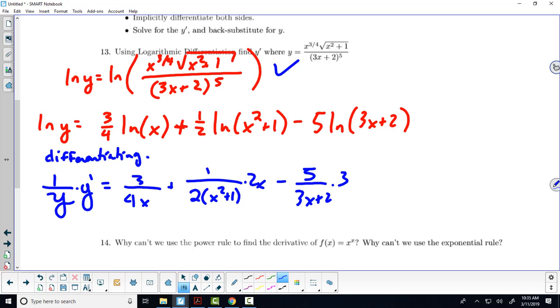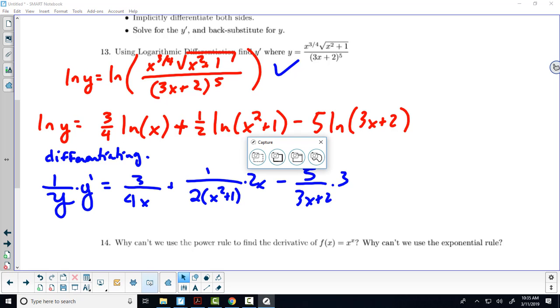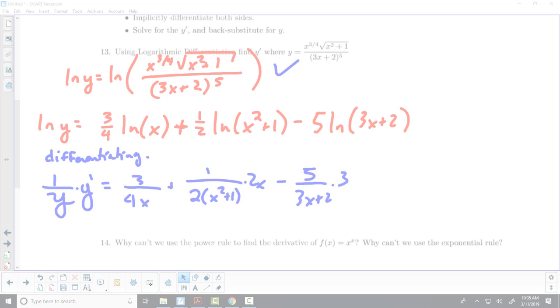If I want to find y prime, what do I have to do? Multiply. Yeah, I'm hearing folks say it. I've got to multiply this y over to the other side. So let me do so, and it looks like I need some more room. So we'll take it over to another page here. See if I can do this.